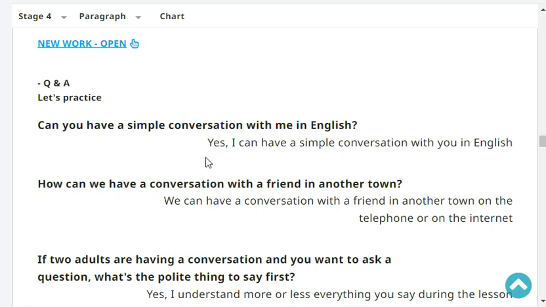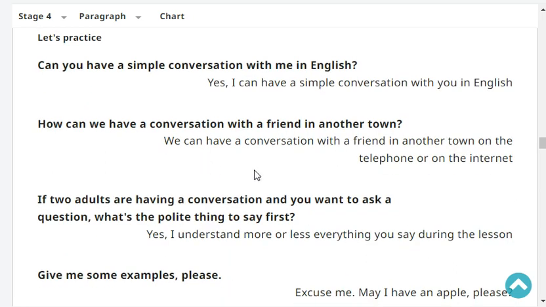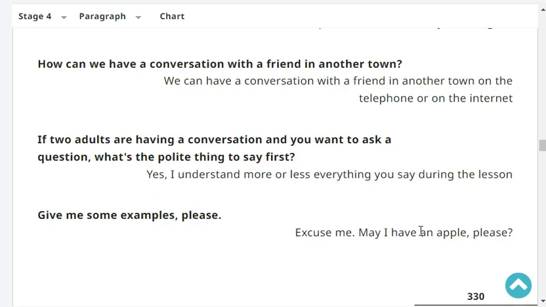Okay, how can we have a conversation with a friend in another town? We can have a conversation with you in English. Okay. If two adults are having a conversation and you want to ask a question, what's the polite thing to say first?